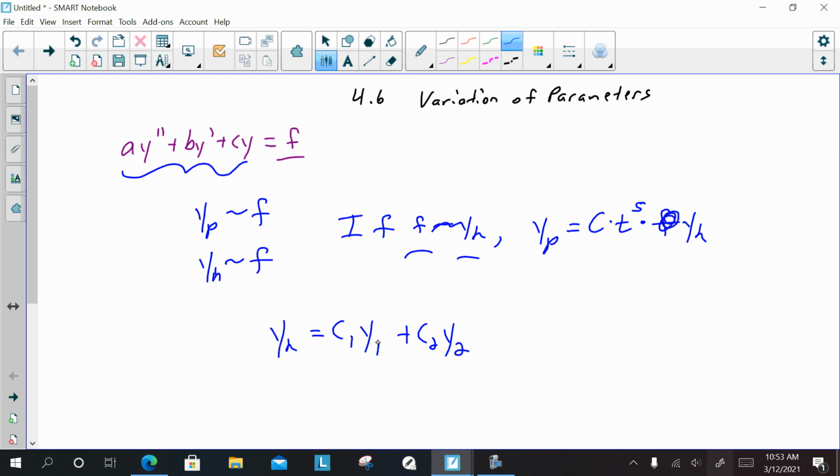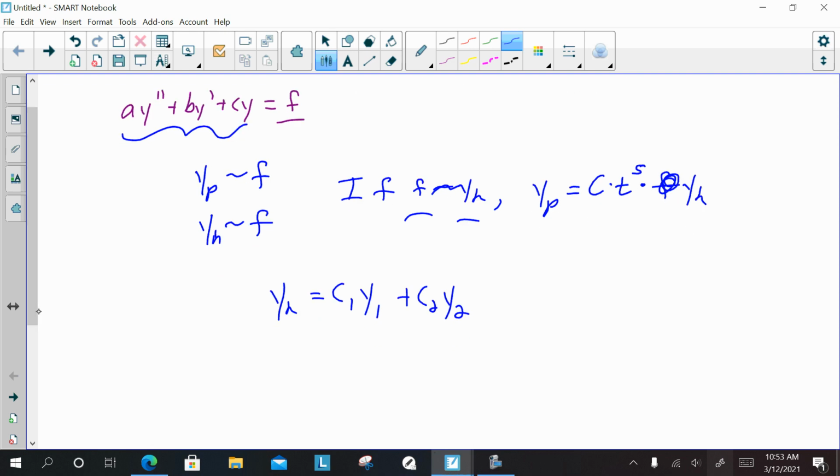And of course, y1 and y2 depend on what the roots of our auxiliary equation are. If the function on the right is polynomial, exponential, sine, or cosine, and it mirrors the solutions to our homogeneous, then we had to pick up t squared, something like that.